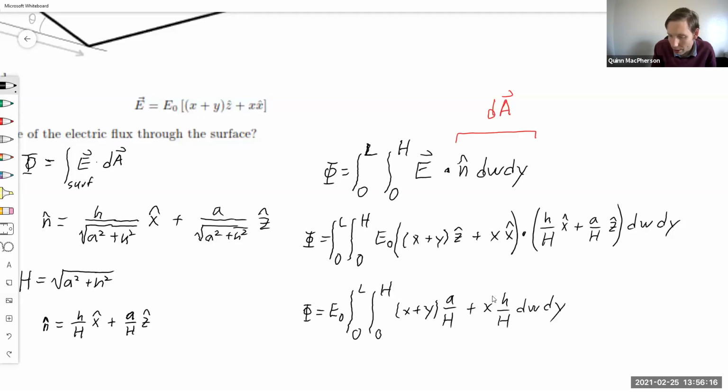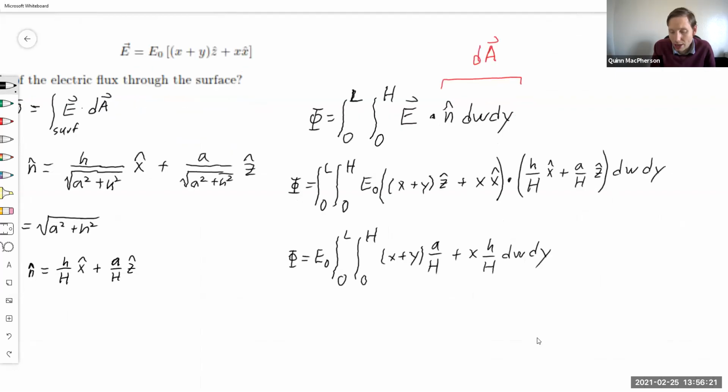This part right here is from the x hat parts. Okay. So now we just got to do an integral.